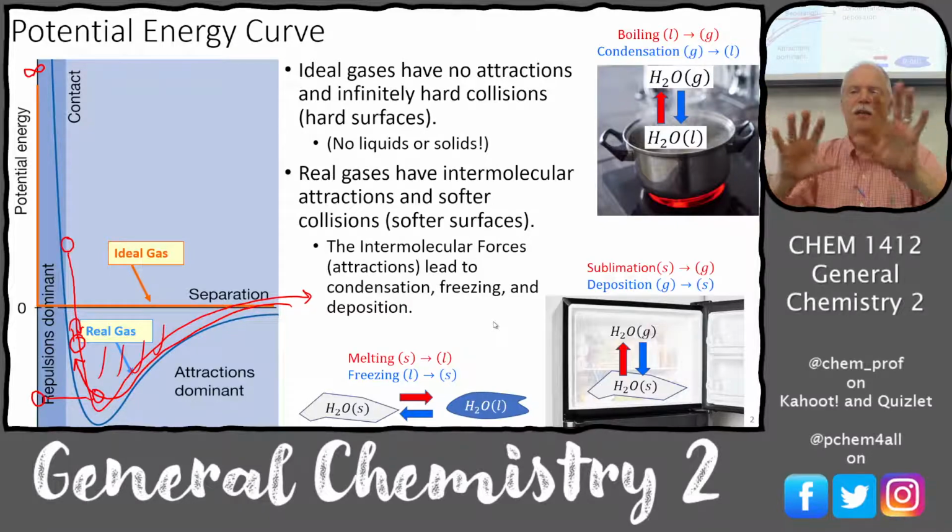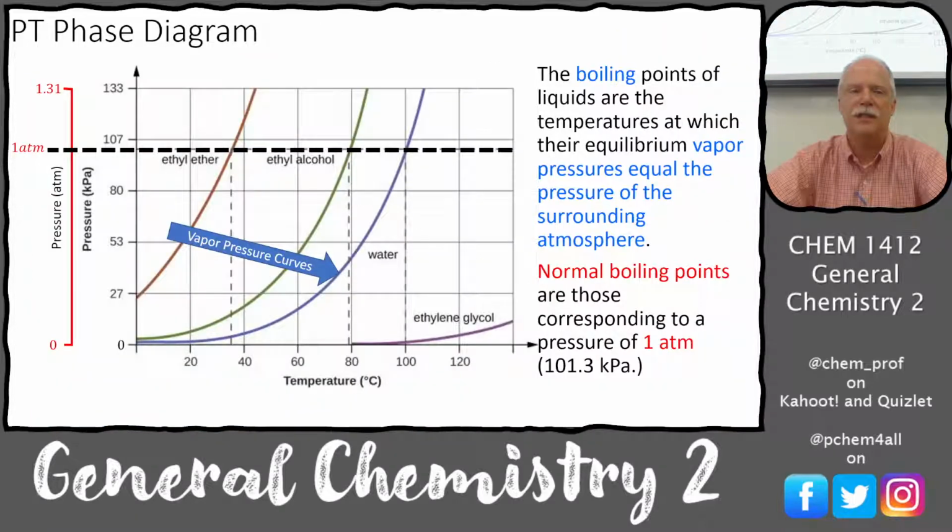So where do these processes take place in terms of pressure and temperature and volume is what we're going to talk about. So phase transitions is really the topic of today's lecture. So we have this vapor pressure curve. If we look at the pressure of the gas above its liquid, we have this vapor pressure curve. So let's just focus on water. On this side of that curve at lower temperatures, we have liquid water.